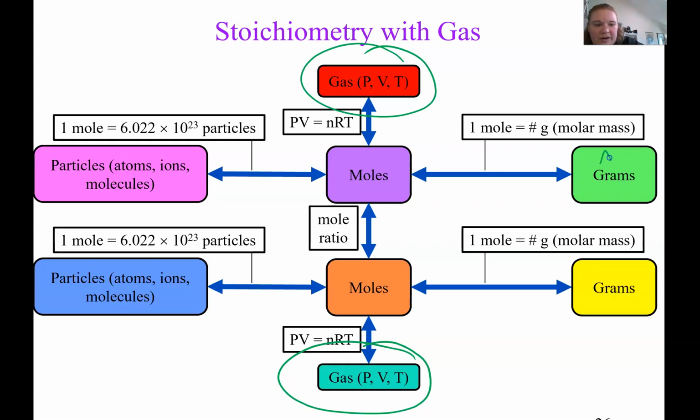We know our grams of aluminum. We're going to convert that into moles of aluminum using its molar mass. We're going to convert that into moles of hydrogen using our ratio. And then we're going to convert that into a volume because we know the temperature and we know the pressure, and after we do the rest of the math, we will know the moles.